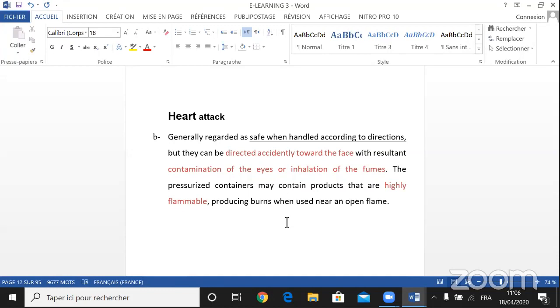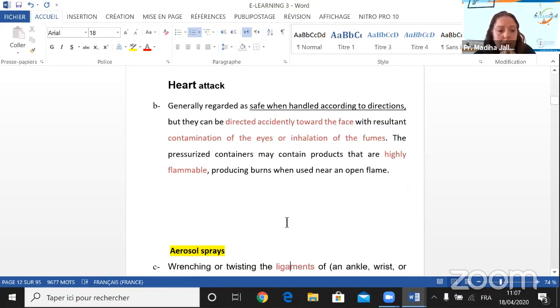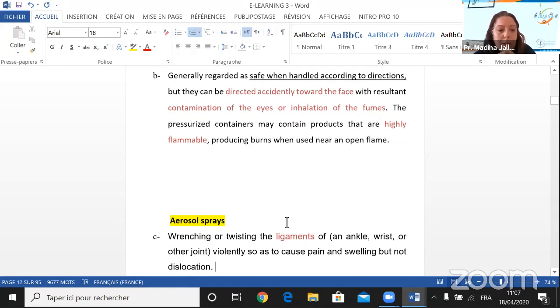Generally regarded as safe when handled according to directions, but they can be directed accidentally toward the face with resulting contamination of the eyes or inhalation of the fumes. The pressurized containers may contain products that are highly flammable, producing burns when used near an open flame. Aerosol sprays. Good, excellent. So aerosol sprays.